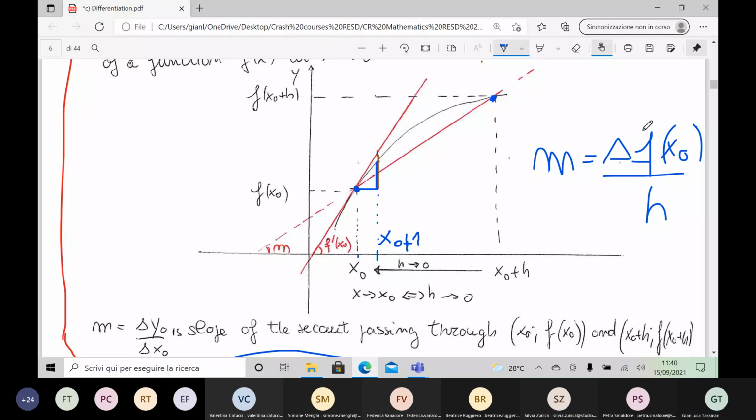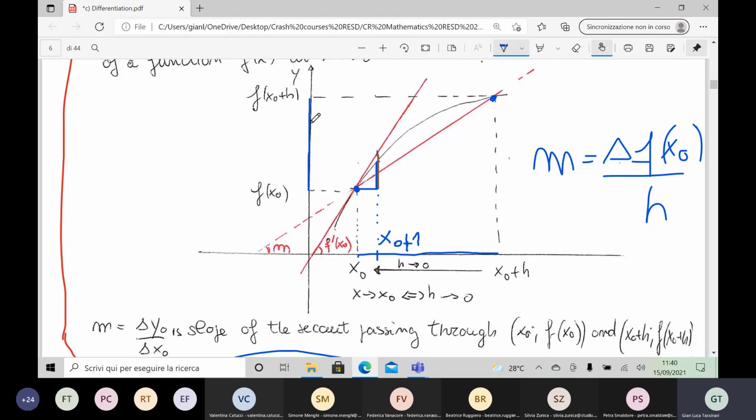So this vertical distance divided by this one tells you the average increment of f for 1 unit of increment of x in the interval x0, x0 plus h.